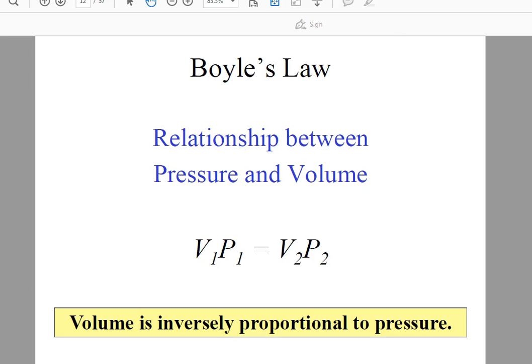Good. Pressure, there are like 7 different units for pressure. So pressure can be in ATM, which is known as an atmosphere. It can be in mmHg. It's called millimeters of mercury. I'm trying to think of all of them. Torr is a unit for pressure.